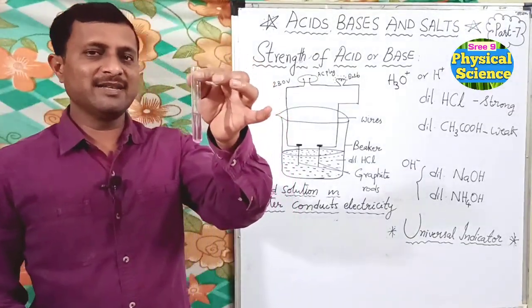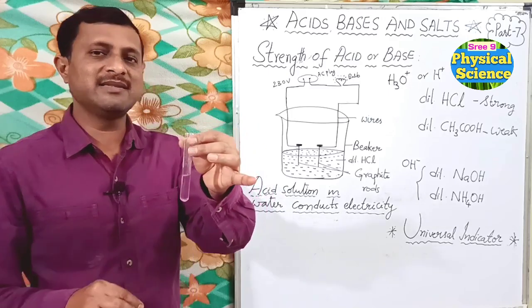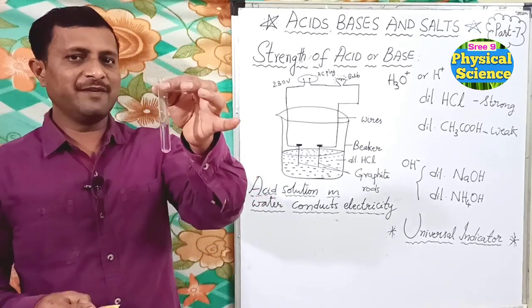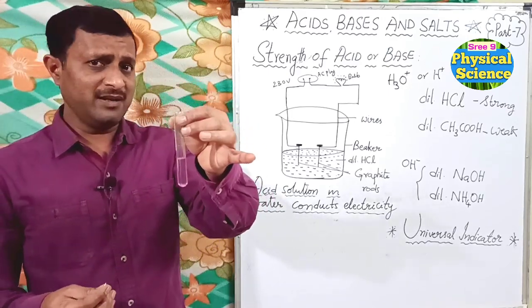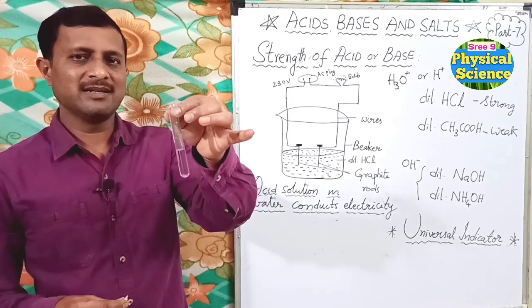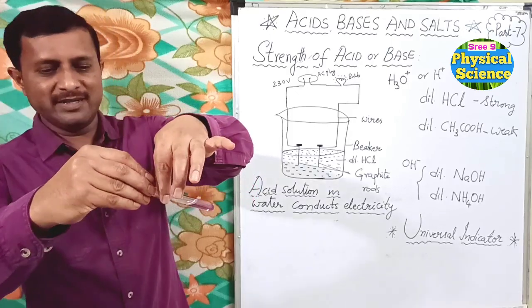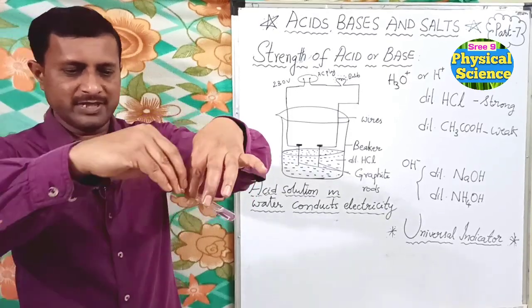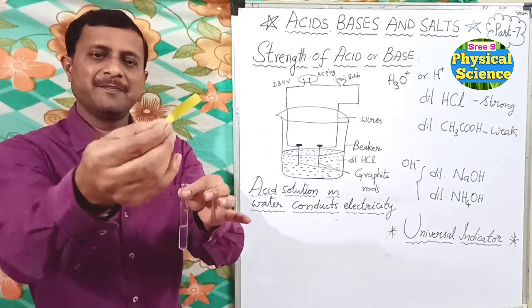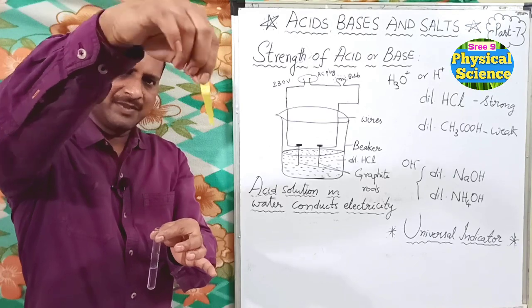Here we take another solution. Just now we have taken base and acid solutions, right? Now this is a different solution which is neither acid nor base. Depending on the color, we decide what this solution is. You see, this is the light greenish color, right?